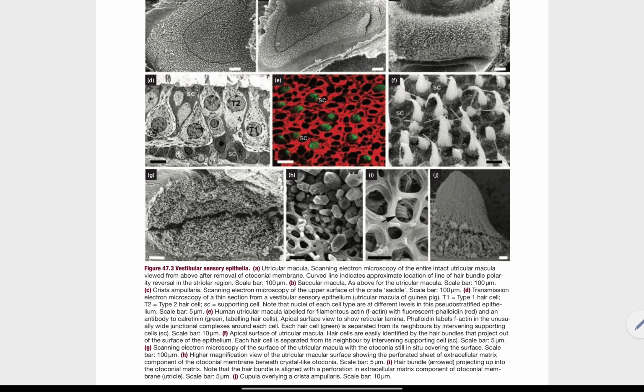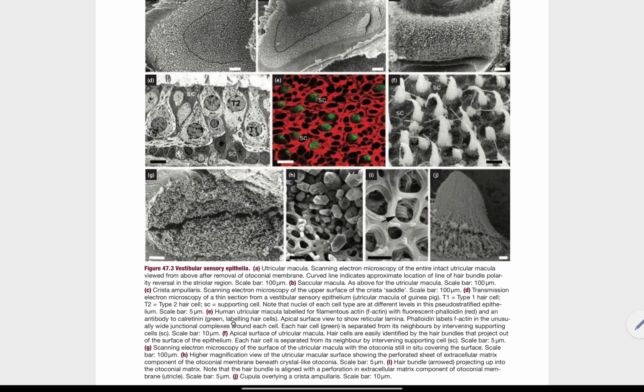Apical surface view to show reticular lamina. Phalloidin labels F-actin in the unusually wide junctional complexes around each cell. Each hair cell, green, is separated from its neighbors by intervening supporting cells. SC, scale bar 100 μm.